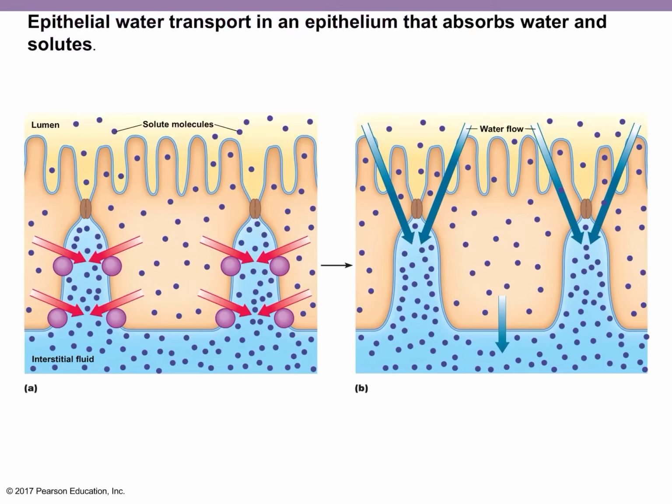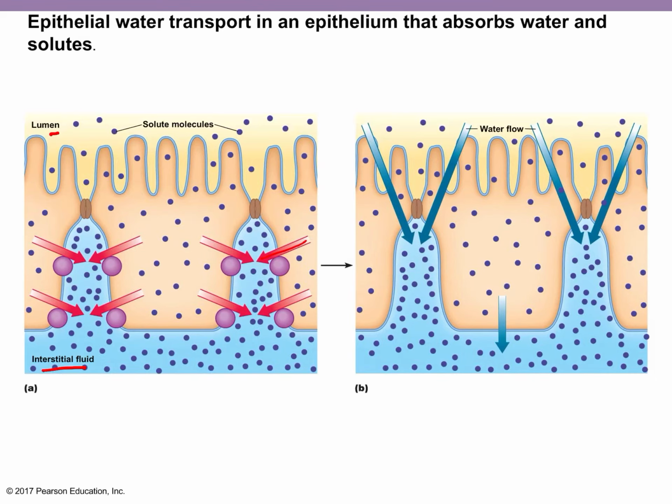All right, so let's take a look at water transport. What we see here is the lumen, and we see our interstitial fluid. And we see arrows moving the solute molecules into the interstitial fluid. And where the solute molecule goes, water will flow, right?